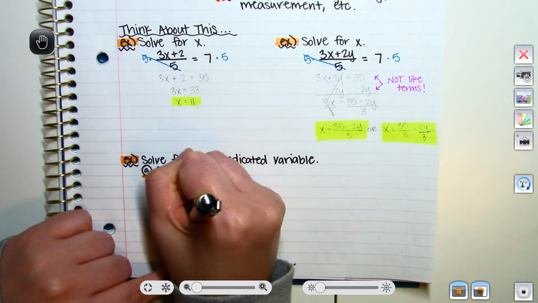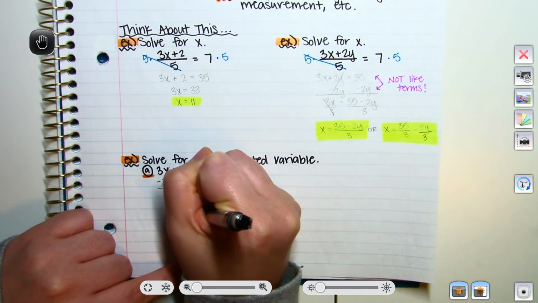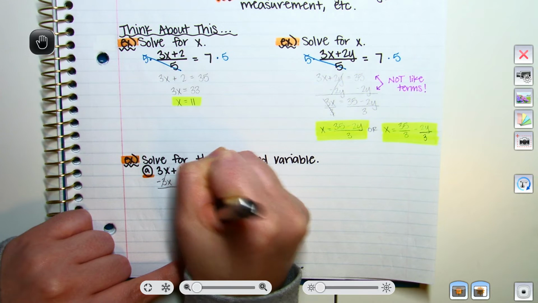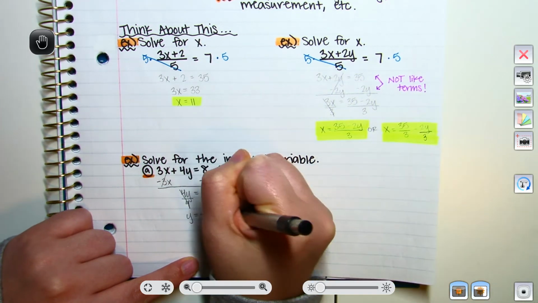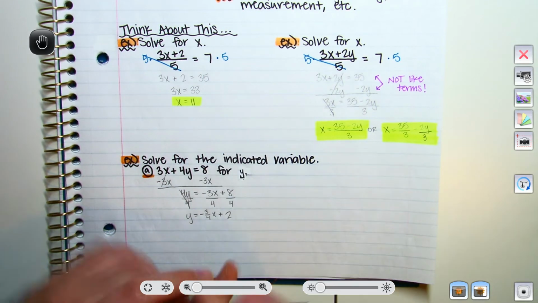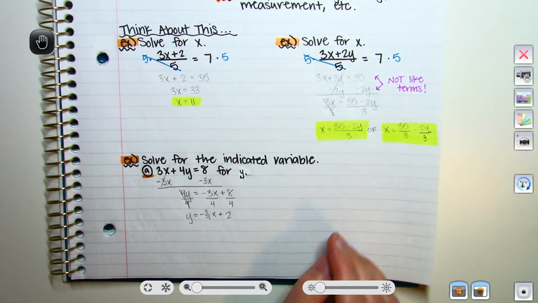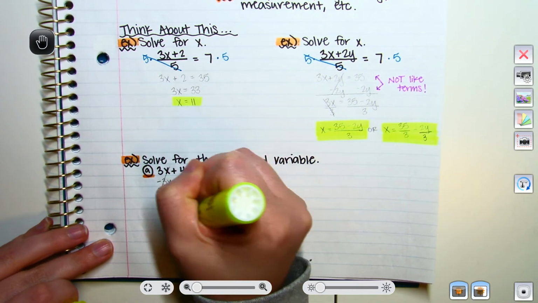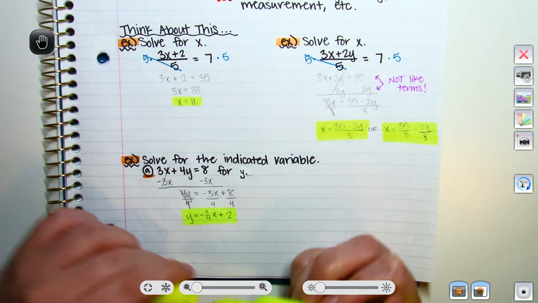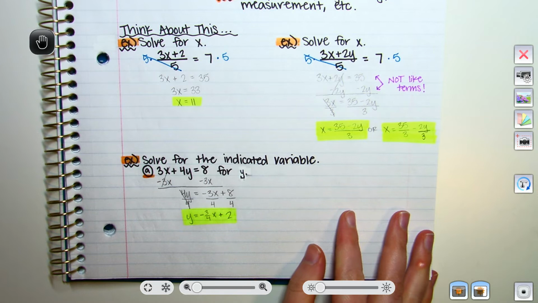All right, so my answer is going to be negative 3 over 4x plus 8 over 4, which is 2. So now it's in that slope-intercept form, which is what we're going to be using in later units, and also something you should have seen towards the end of the last school year as well.